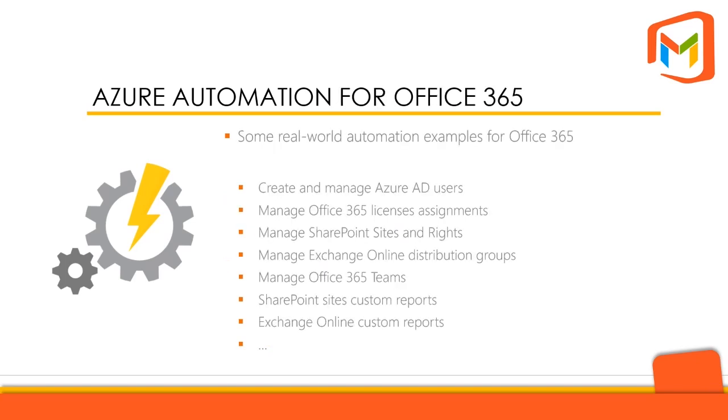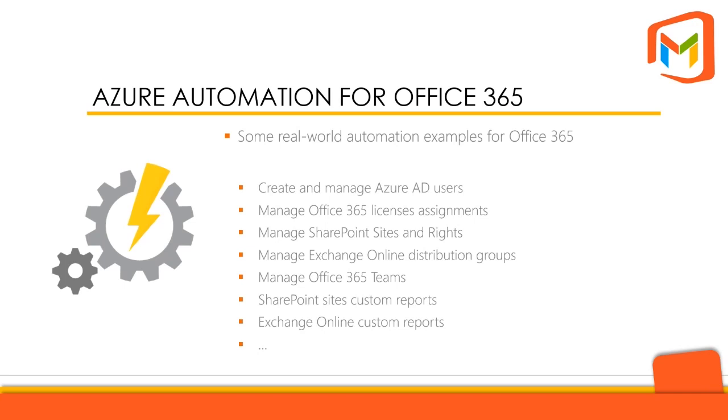Let's see really quickly some real-world examples of what you can do with Azure Automation in order to automate some Office 365 administration tasks. For instance, for small companies that don't have Active Directory, you can create Azure AD users or manage them, for instance, change the last name when someone marries another person. You can manage and automate license assignment, and you can do some custom reporting.